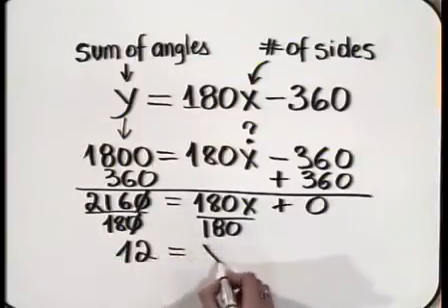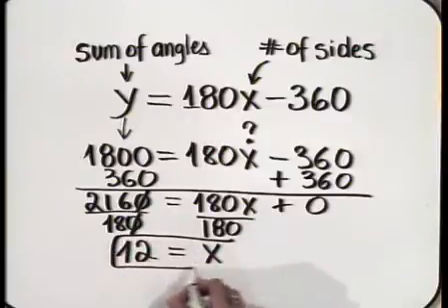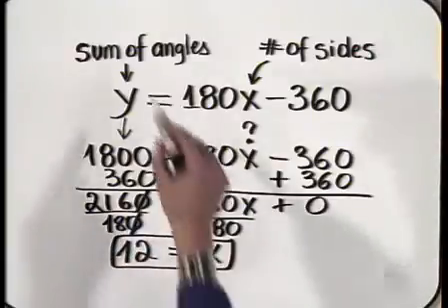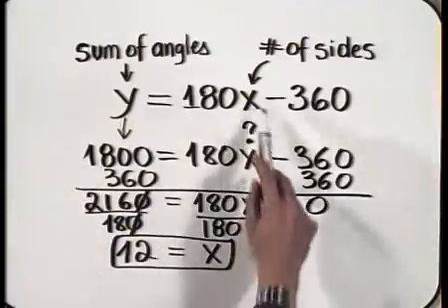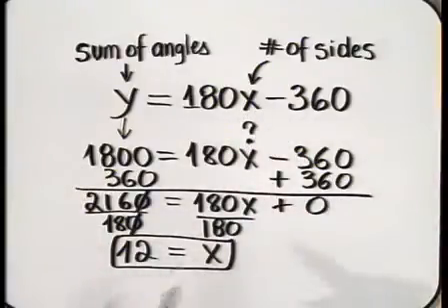So that's x equals 12. And that's how you would solve for any number. Consequently, if the sum of the angles is 1800 degrees, the number of sides is 12, and we have a dodecagon. So you see, you can compute this by hand or using the calculator, always both ways.